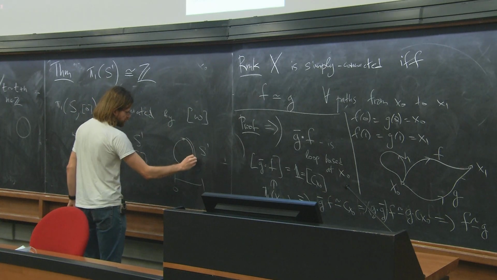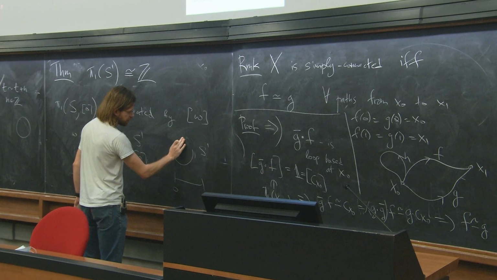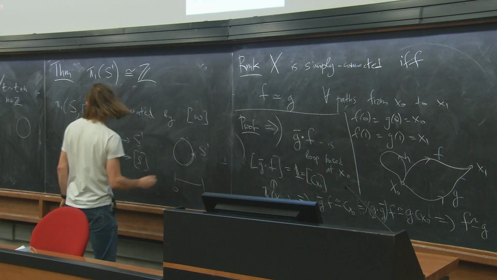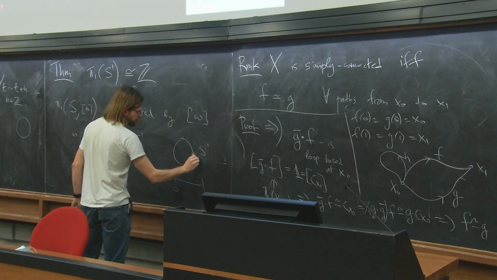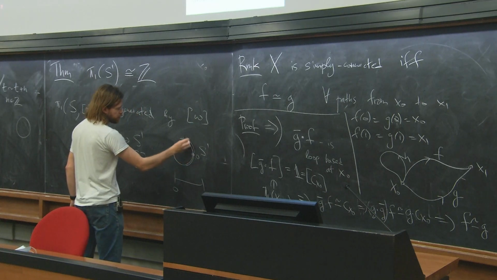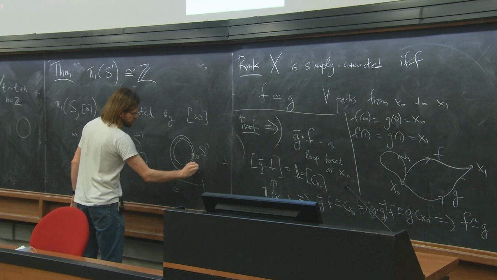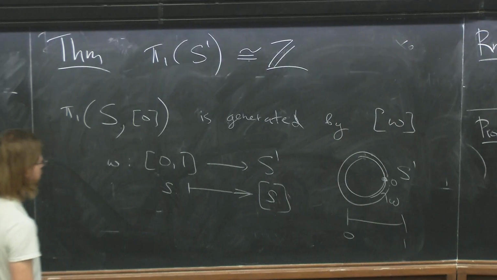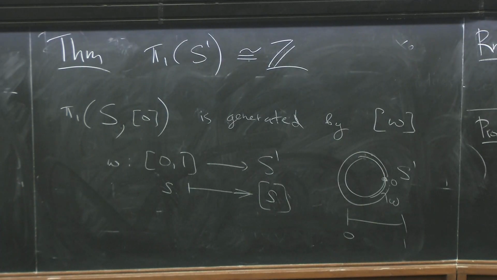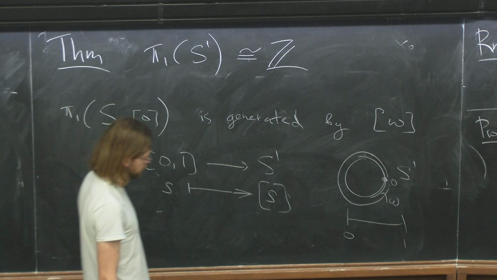So the loop omega just starts at 0, which is here, and omega is a path which goes once around the circle.